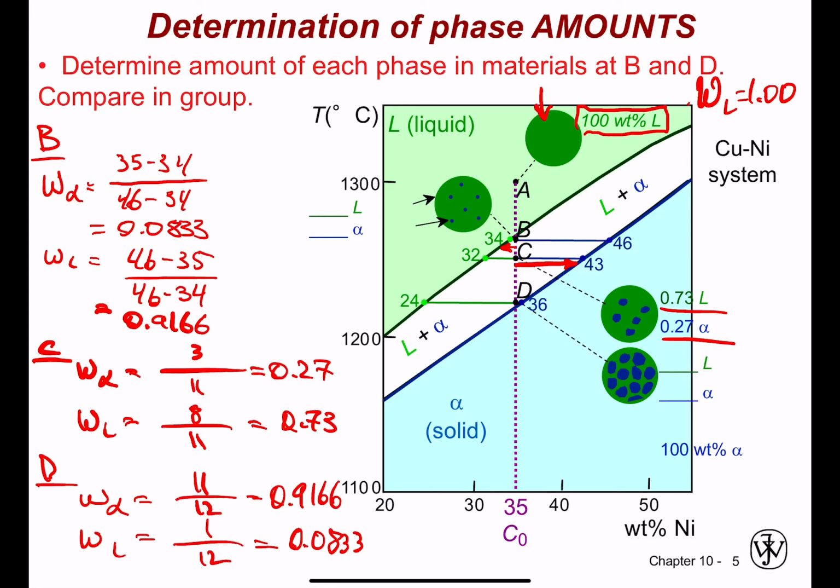Notice that these points at D are opposite in weight fraction to what we had at B. And then when we go to point E, there's only a single phase, so again, we expect the weight fraction for the alpha to be everything, and so that's going to be 1.00, or 100% by weight alpha in that area.